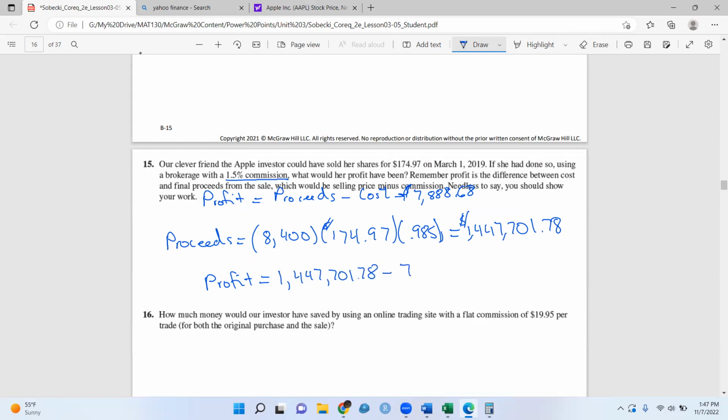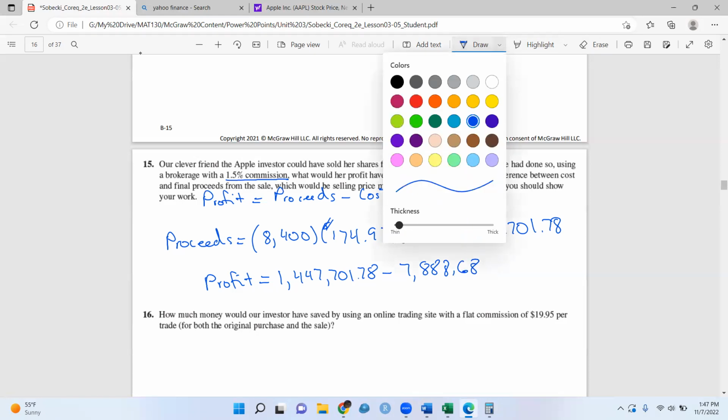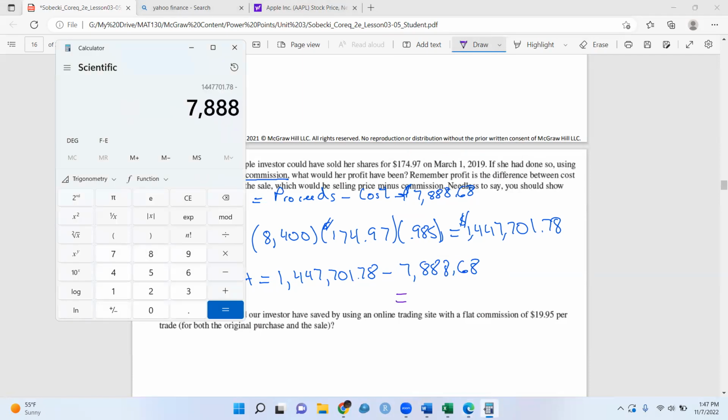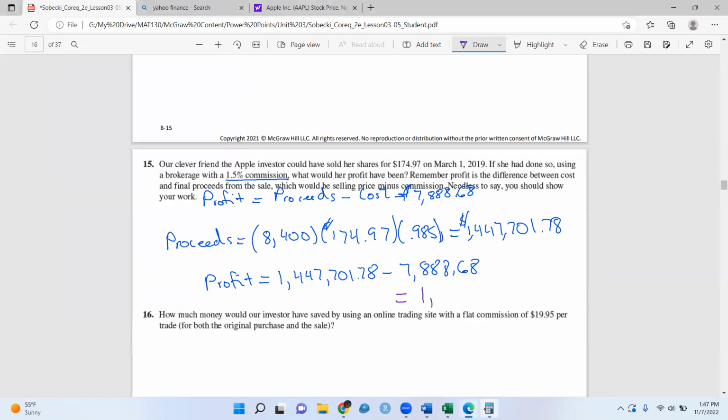So we're going to subtract the $7,888.68, which is basically nothing compared to the amount we ended up with. I mean, this is a huge amount of profit. So our investor made $1,439,813.10.